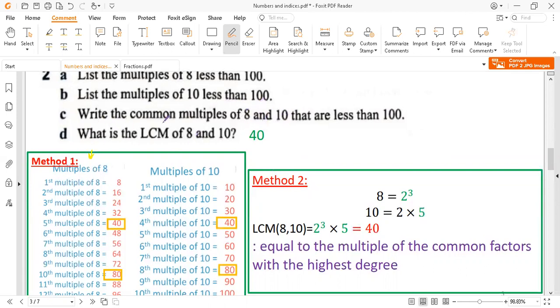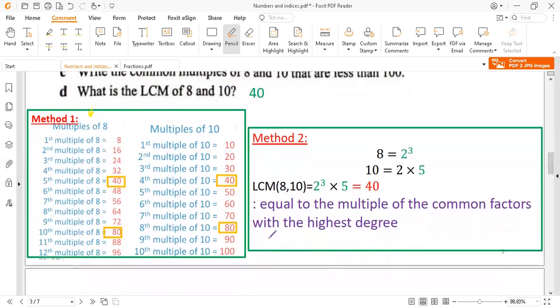And how do we write the common multiples of 8 and 10 that are less than 100? We can circle only the common ones between the multiples of 8 and of 10. For example, we have 40 and 80 only.